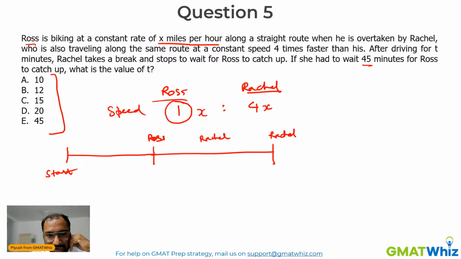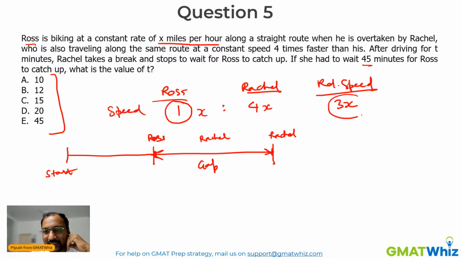So this entire gap that Rachel has created happened because of the relative speed of Rachel, which is basically 3x. So she covered this distance at the speed of 3x, and the same distance Ross covers at the speed of x in 45 minutes.